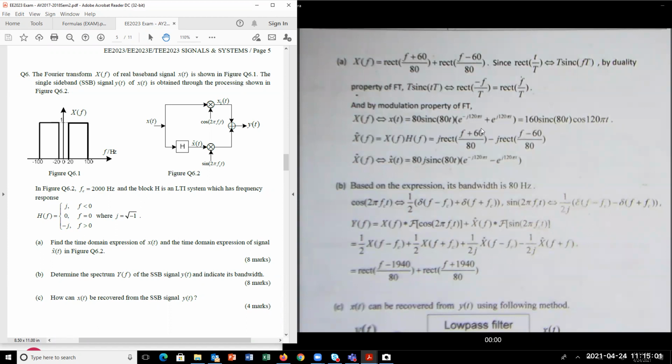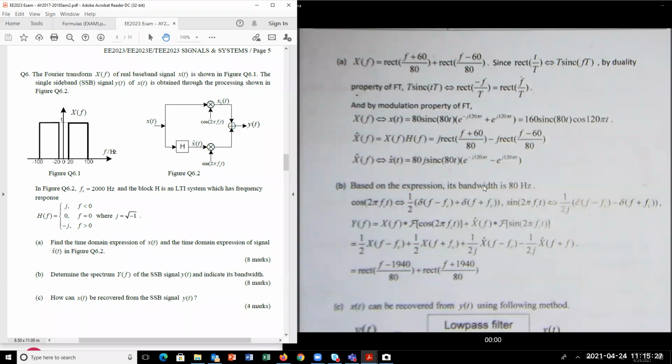Now, if you substitute all the rects inside here and clean it up, you get this guy here. It didn't show all the steps now. You can see that the width of the rect is still 80, which means the bandwidth is 80. And now you can see that the frequency is at plus and minus 1940.